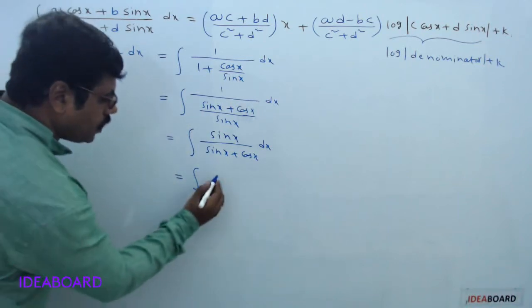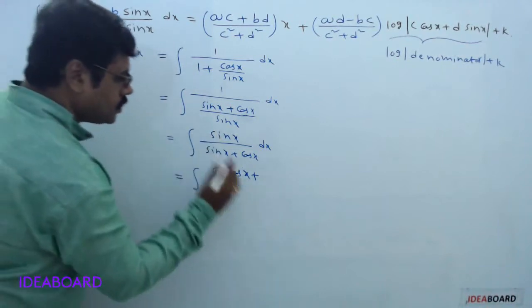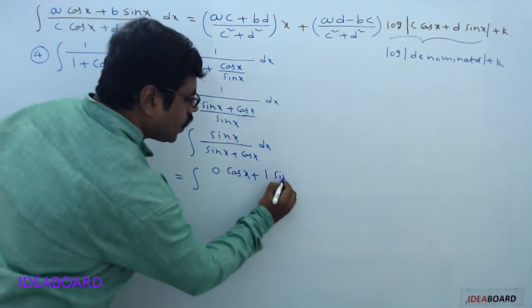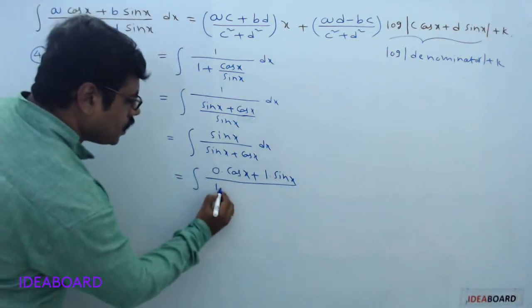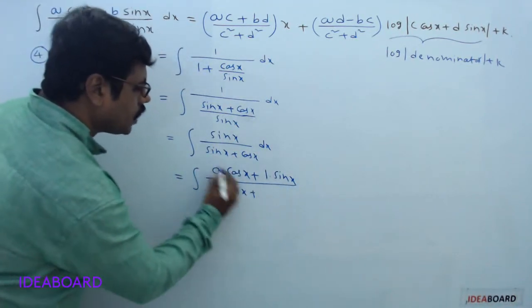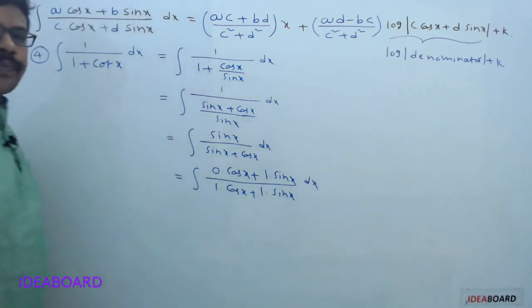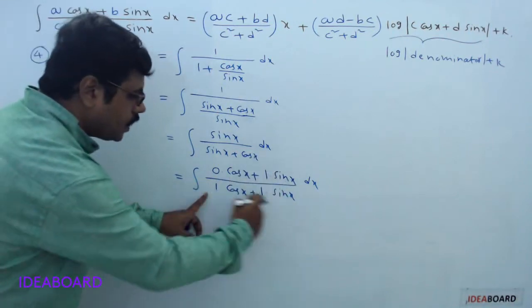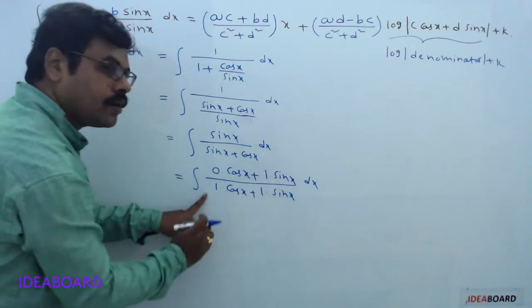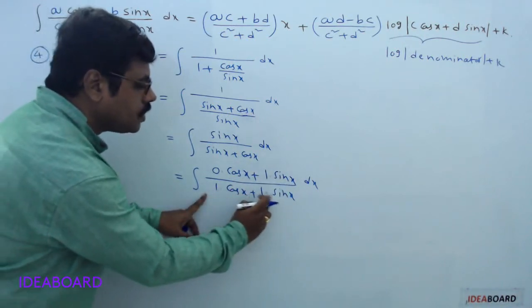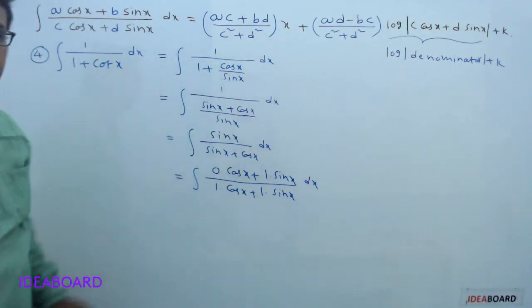So cos function can be taken as 0 into cos x plus this sin x can be written as 1 into sin x, divided by the denominator 1 into cos x plus 1 into sin x dx. Now here this integrand is of the form a cos x plus b sin x divided by c cos x plus d sin x. So you can apply this shortcut formula directly.